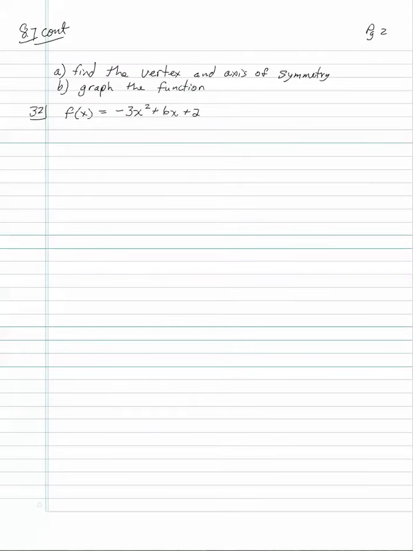Okay, so let's try number 32. We want to find the vertex, the axis of symmetry, and we're going to graph the function. So first step, the vertex, and we'll use the shortcut formula, minus b over 2a, and f of minus b over 2a. So basically you find the x-coordinate, h, and then plug it in and see what the y-coordinate is.